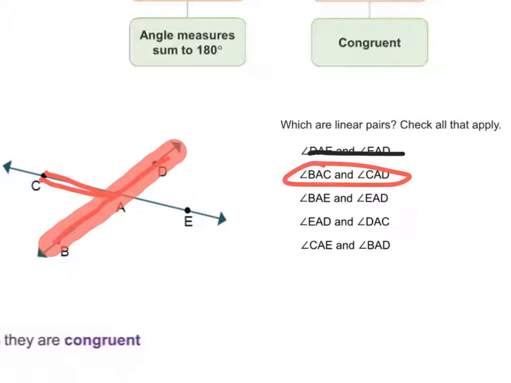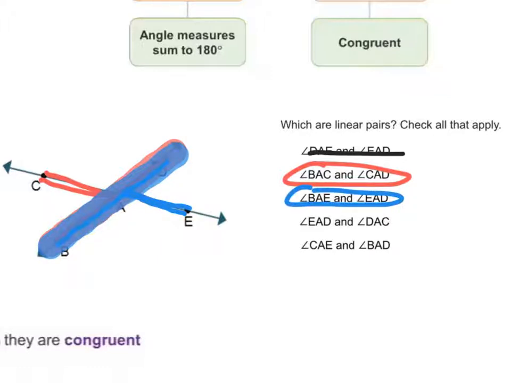The next one, angle BAE and EAD, and that is one. So I've got BAE and EAD. That forms a straight line, like that, and so that is also a linear pair.